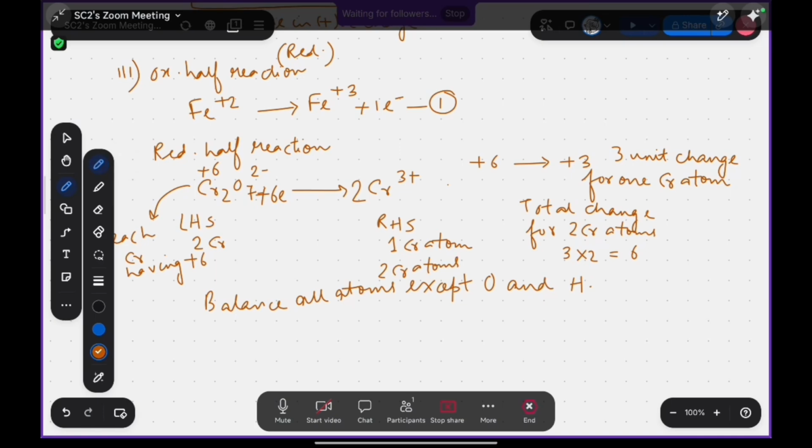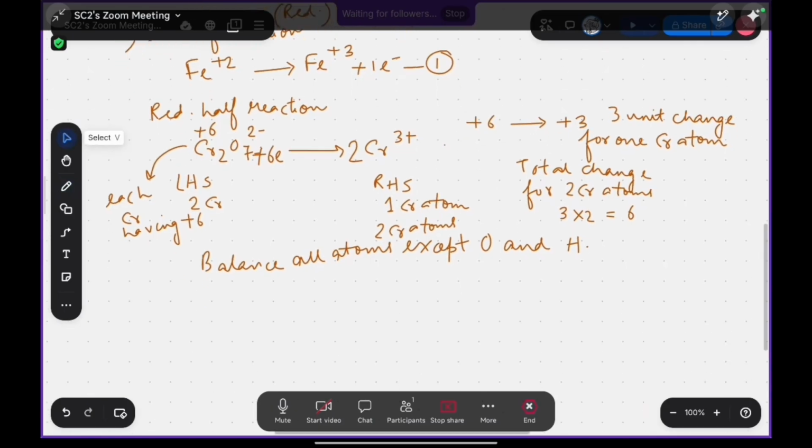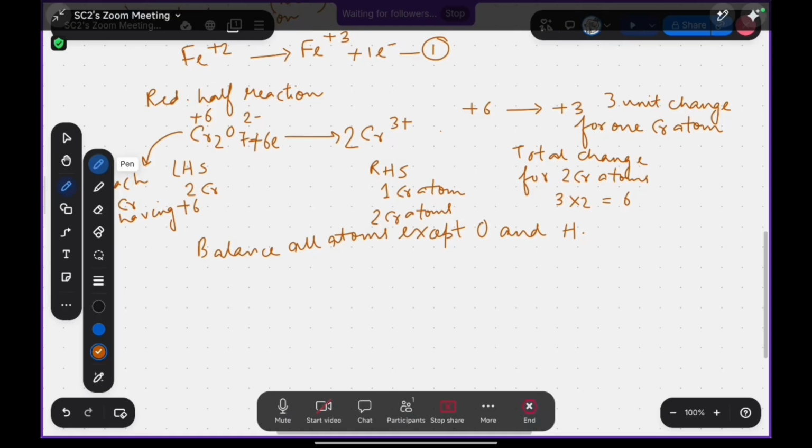The next target is to balance oxygen atoms. So what do you need to do? The fourth step involves balancing of oxygen atoms.